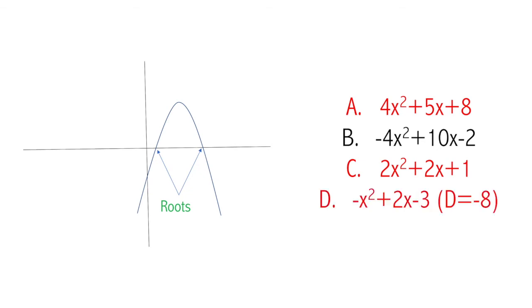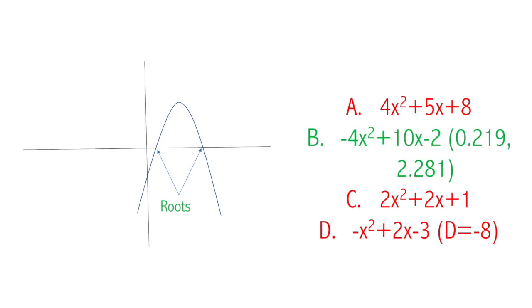Now in option D, something you will notice is that the discriminant is negative. This means that its roots are imaginary and the graph would lie entirely below the x-axis because a is negative and the discriminant is also negative, which means it does not have any real roots, so it cannot be D. Therefore, we find it's B. We can factorize B to see that it has two real roots that are both positive.